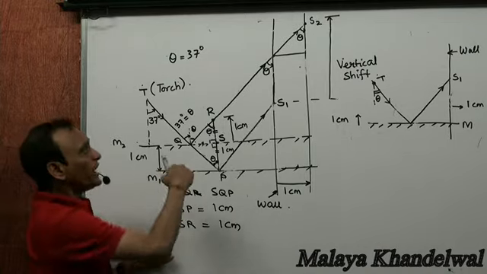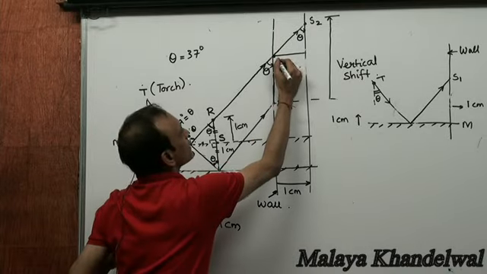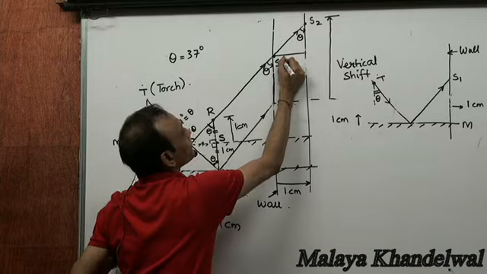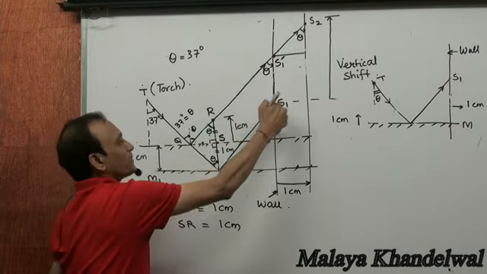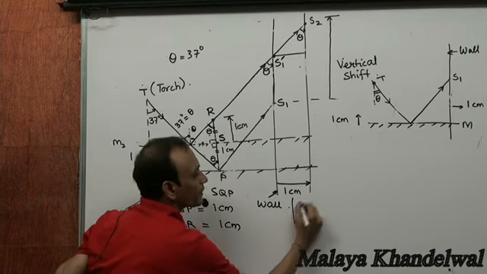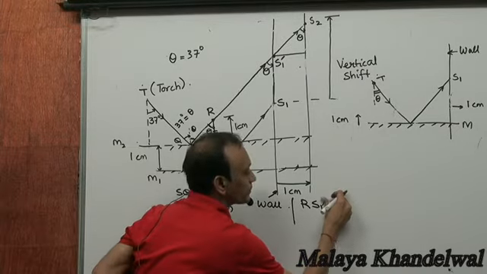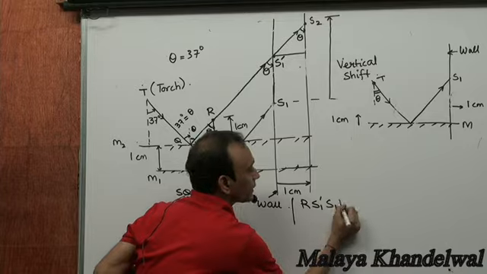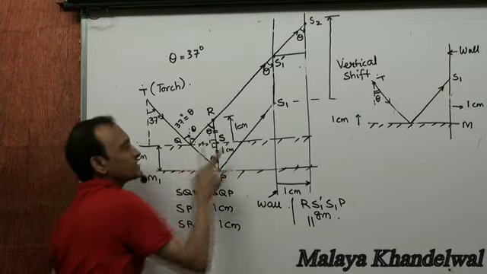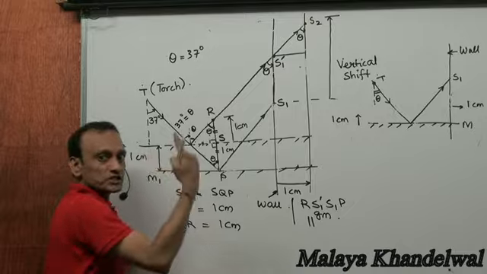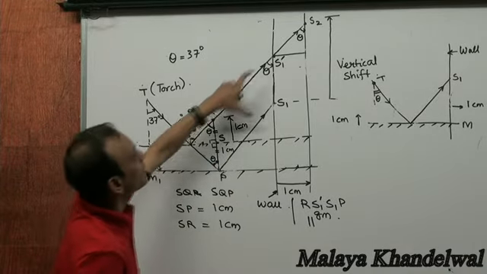Now, look at this. Let me call this S1, let me call this S1 prime, right? If the wall had not moved, this would have been it. Realize R S1 prime, S1P is a parallelogram. Evidently, this reflected ray and this reflected ray from both positions of the mirror would be parallel to each other, and this is parallel to the wall, right?